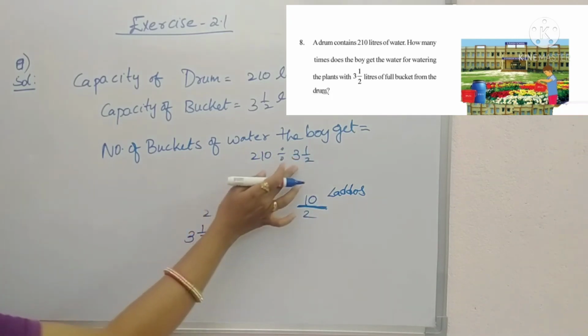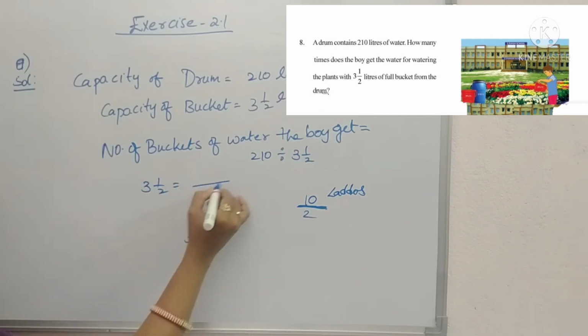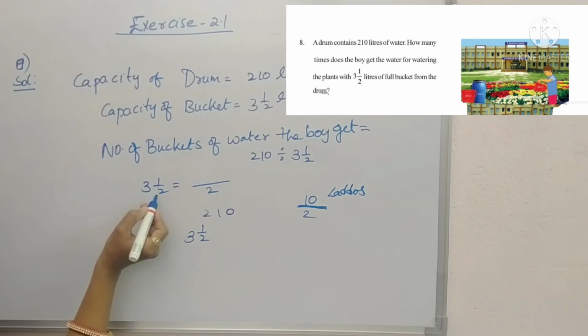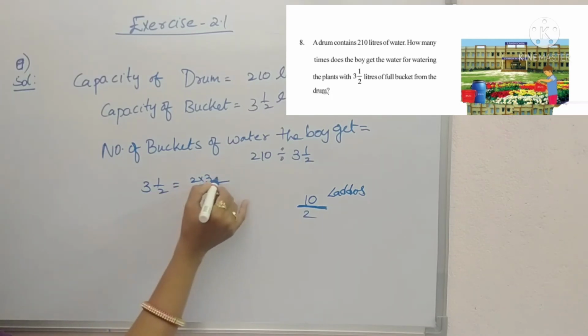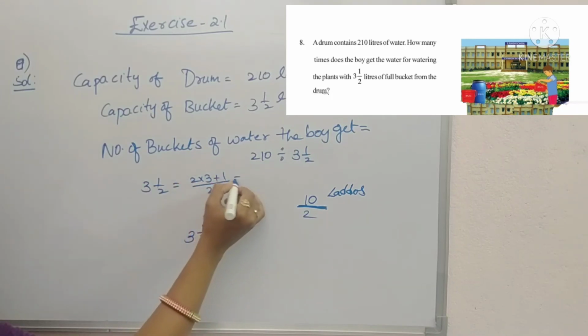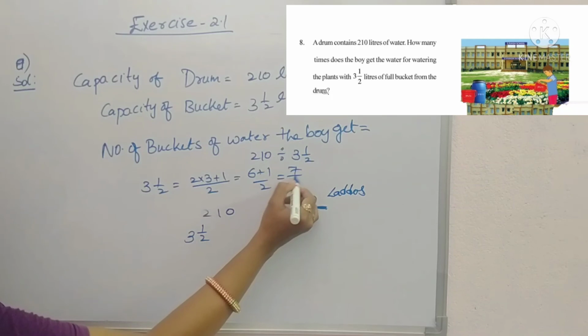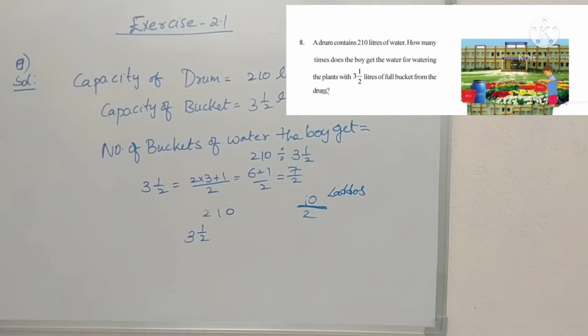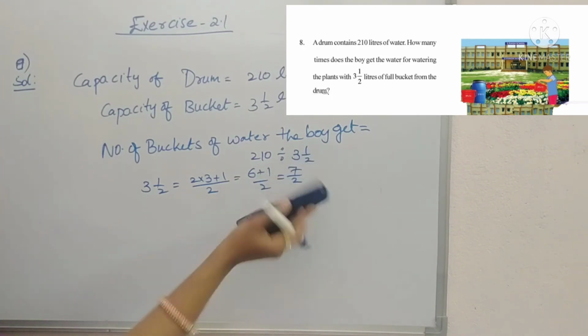Again a mixed fraction is here. So convert into a fraction. Write the denominator the same. And now take denominator into 3 plus numerator 1. So 2 3s are 6 plus 1 by 2. So this is 7 by 2. So now the value of 3.5 became 7 by 2. Half of 7 rupees is 3.5 rupees only, no?